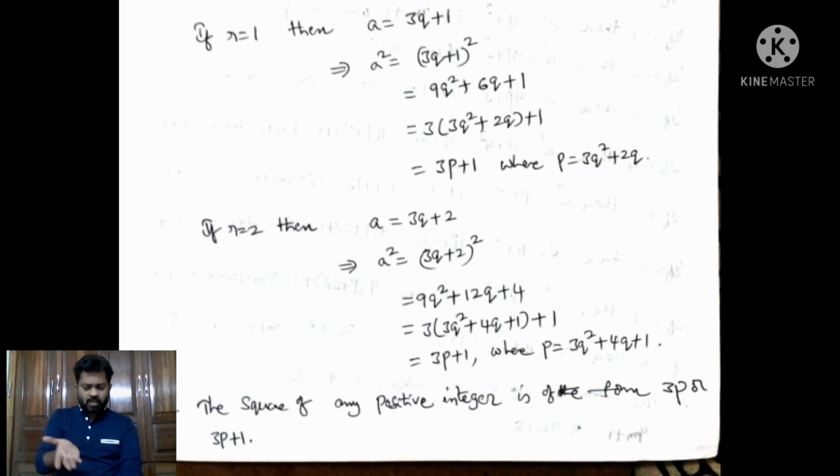This is 3 into 3q square plus 4q plus 1, plus 1. This is written as 3p plus 1, where p equal to 3q square plus 4q plus 1. Therefore, the square of any positive integer is of the form 3p or 3p plus 1. Understand, children?